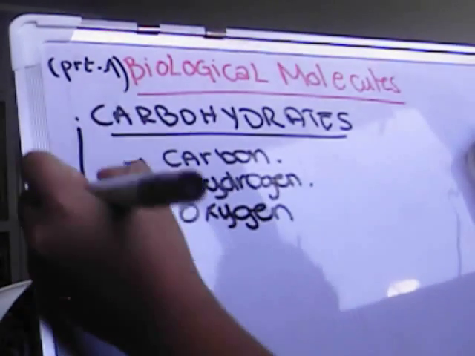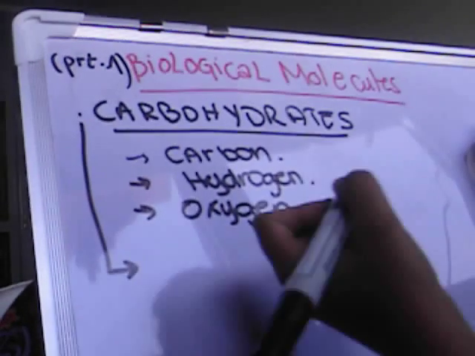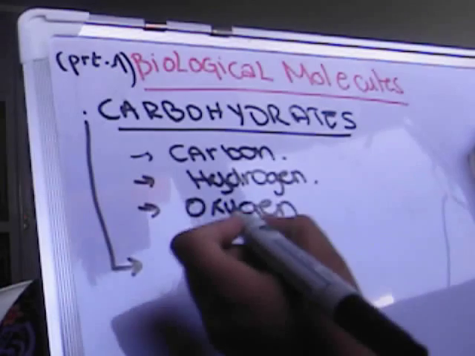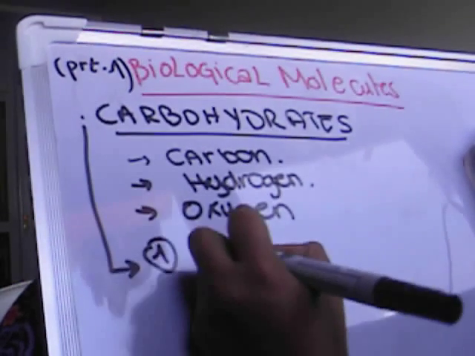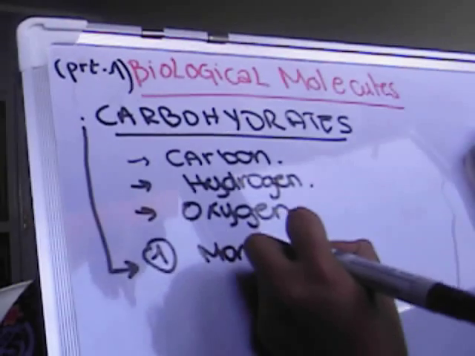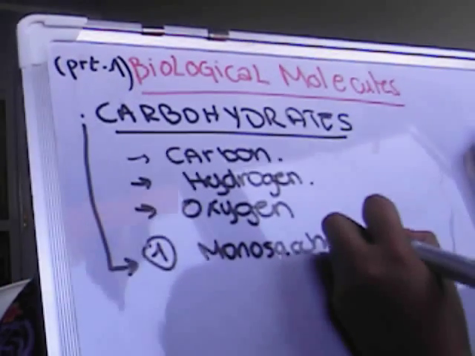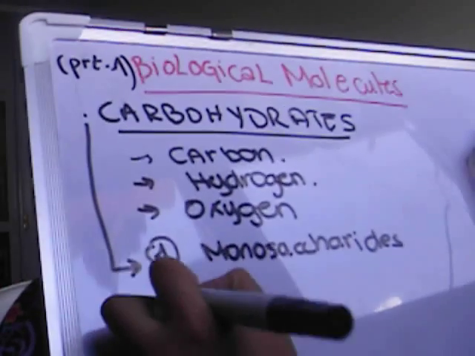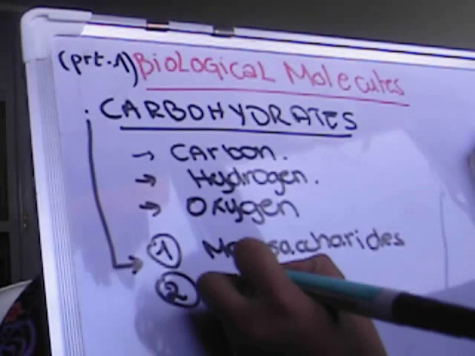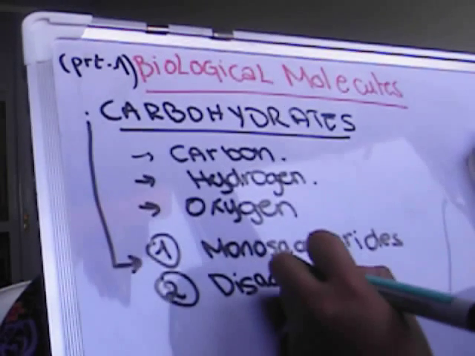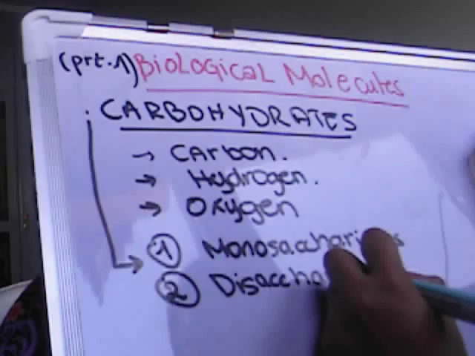Carbohydrates are formed in 3 types of formation. The first one is monosaccharides, and I think you know it. The second one, more complex, is the disaccharides.